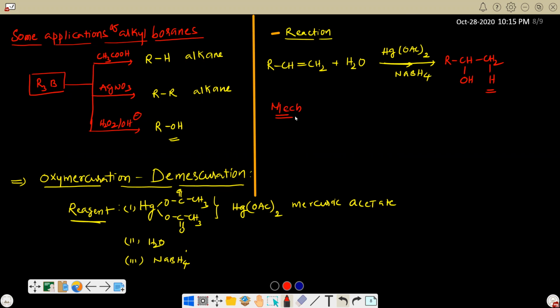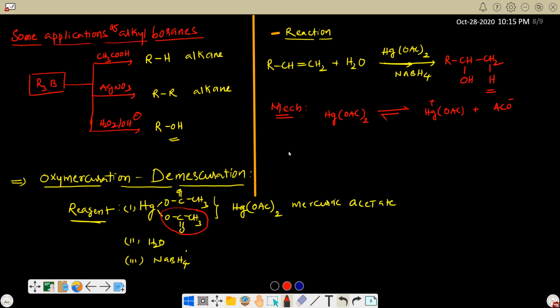Look at the mechanism. First of all, you can write that mercury diacetate is taken twice. It will be dissociated like this: Hg(OAc) plus AcO minus. One of the acetate ions will come out, so Hg plus is formed.